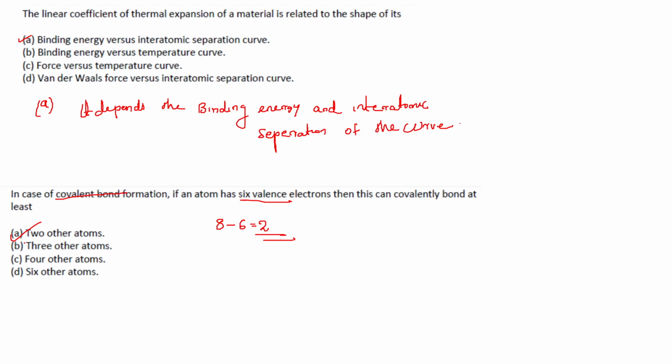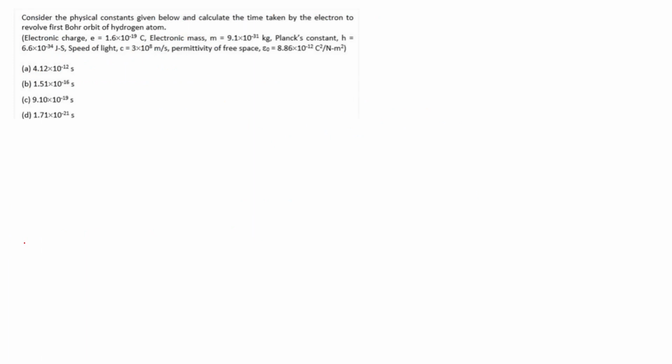Now we will go to the next problem. So the next problem is, consider the physical constants given below and calculate the time taken by the electron to revolve in the first Bohr orbit of the hydrogen atom. Okay.